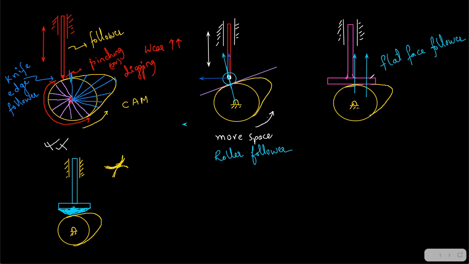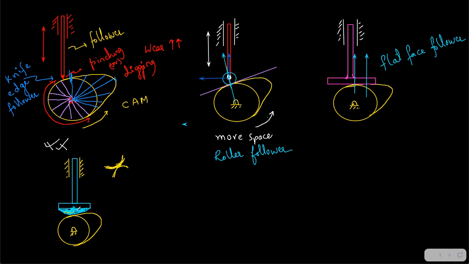But if you see the flat face follower, in the flat face follower, a larger area is in contact with the cam. Fine, here also there is a chance of a little bit of wear which is going to happen. But the mushroom follower is like a combination of both of these, roller as well as flat face, right?